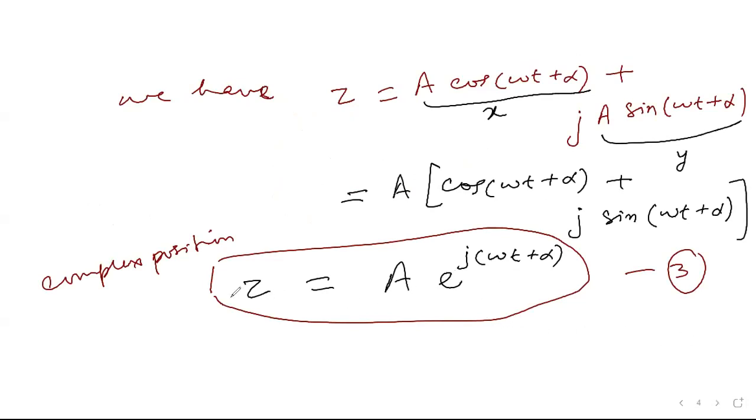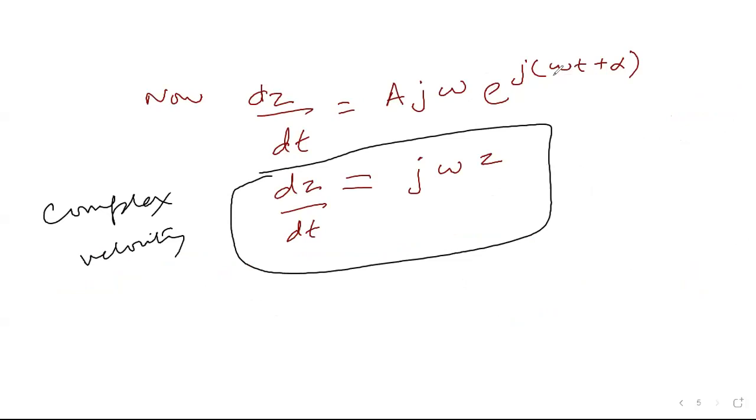It's easy. We are differentiating it with respect to time. A is constant, that will be out. So when you differentiate e raised power j omega t plus alpha, this function comes back like this. But you have to then multiply the differentiation of j omega t with time, which is j omega, right? So then we replace a e raised power j omega t plus alpha by z.